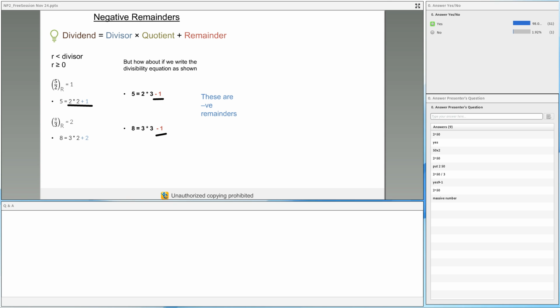However, think in this way. If instead of writing it as 3 into 2 plus 2, I write it as 3 into 3 minus 1, you can break up 2 to the power 50 and keep on solving it. That's absolutely fine. But now what I'm asking is, instead of going into that method, what if I write it as 3 into 3 minus 1? In this case, I'll say my remainder is minus 1.